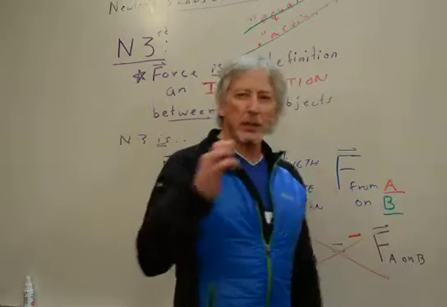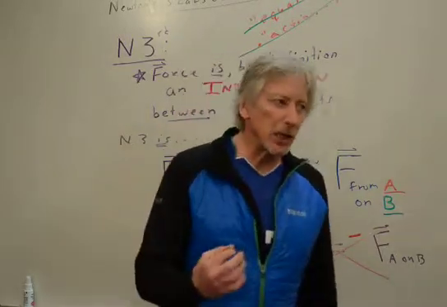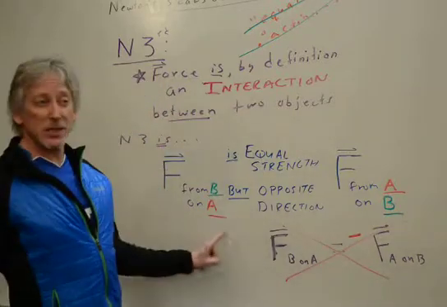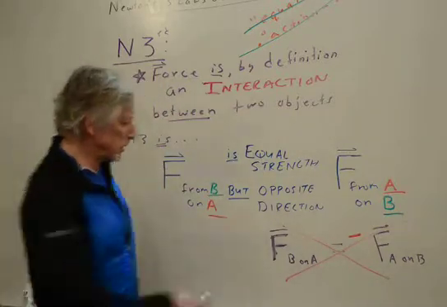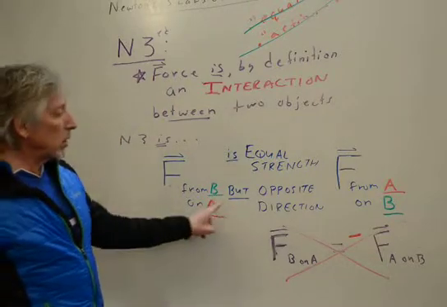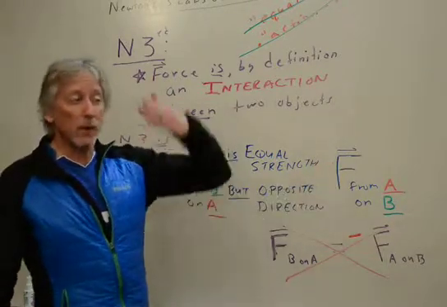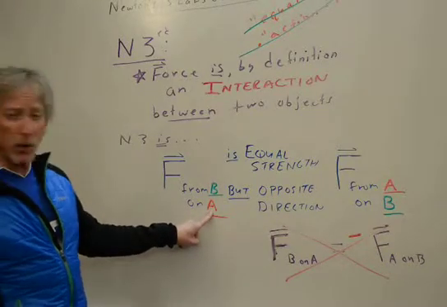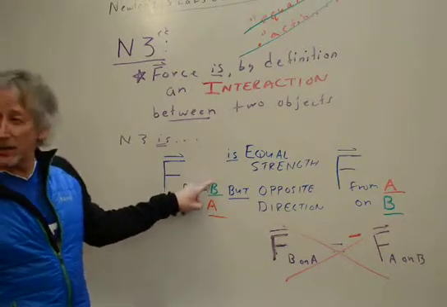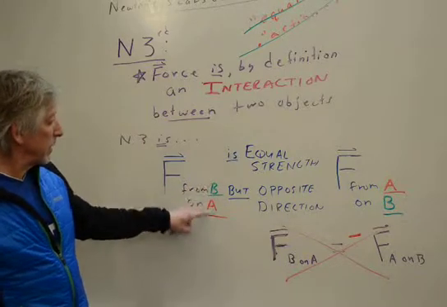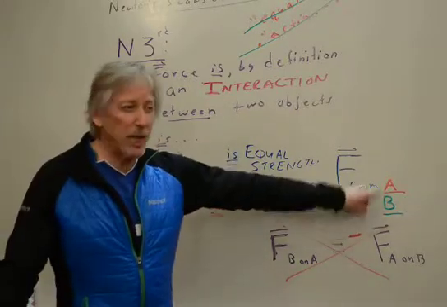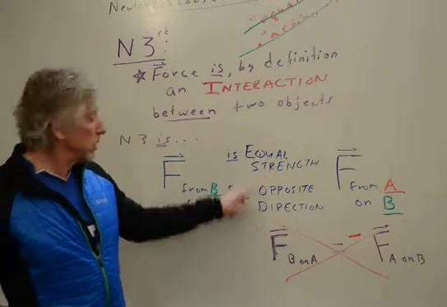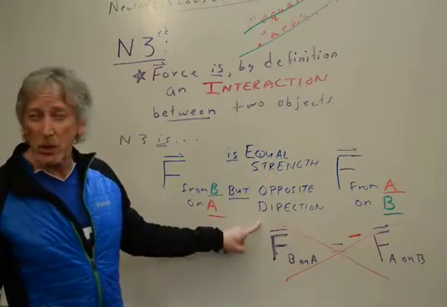But here's the key. First, whether you believe it or not, you use this as your answer key. Not this guy, this guy. So in any interaction, if you get a car, maybe it's an Audi, got hit by the bug, then the bug got hit by the Audi with exactly the same strength, equal strength, opposite direction.